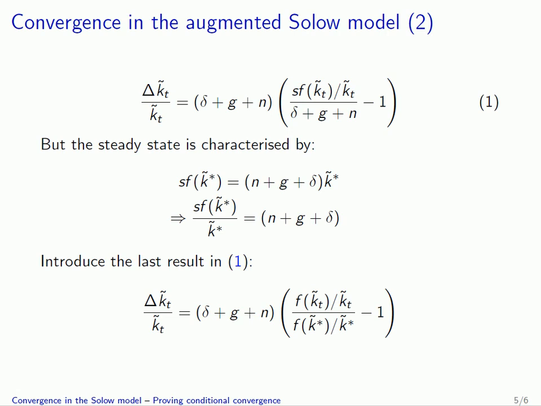The growth rate of variable k tilde t, so delta k tilde t divided by k tilde t itself, is equal to n plus g plus delta times a ratio between f of k tilde over k tilde in the current period at time t, and the same ratio at the steady state, minus 1.